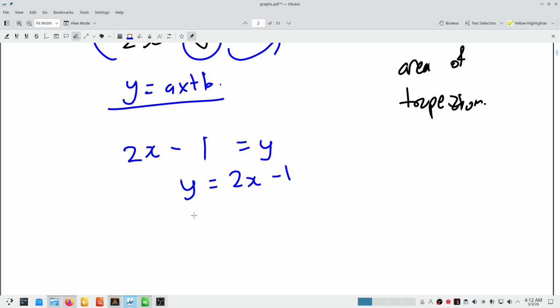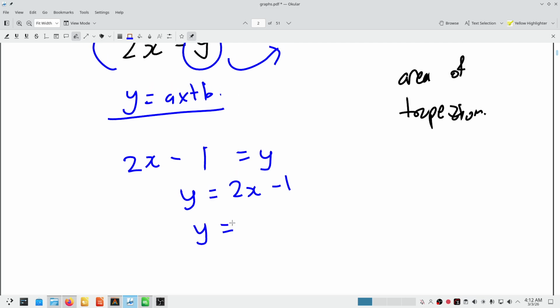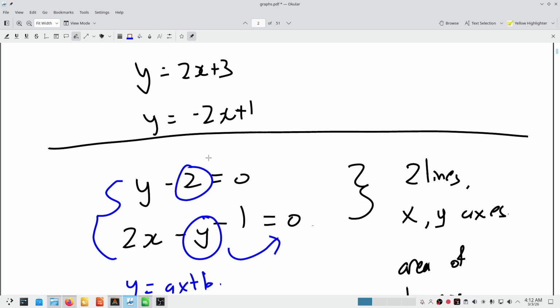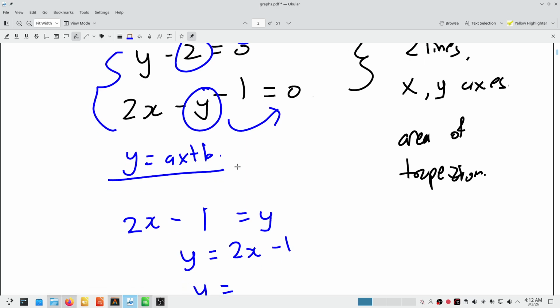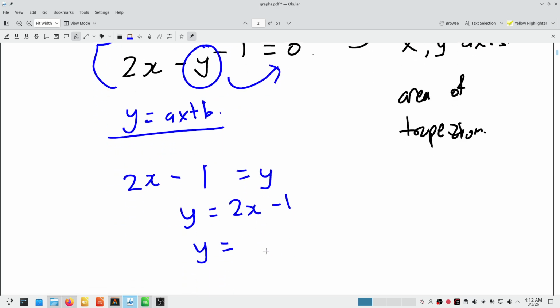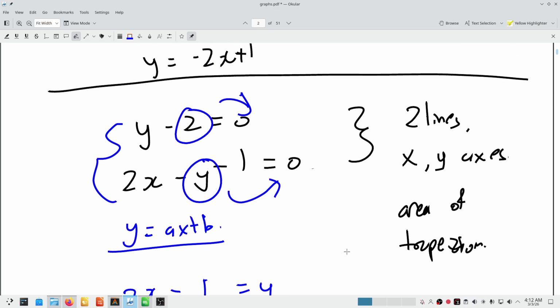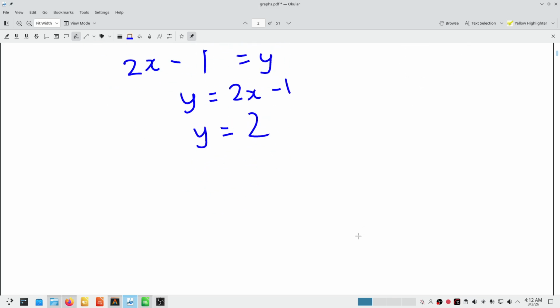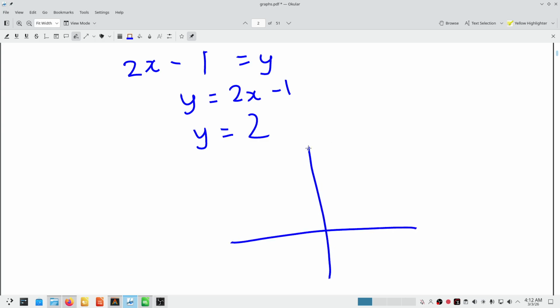Okay, second equation, y equals to what? I'm going to shift this to this side. Y equals to 2. Now let's sketch this on the graph. You have the x-axis, what's this line?